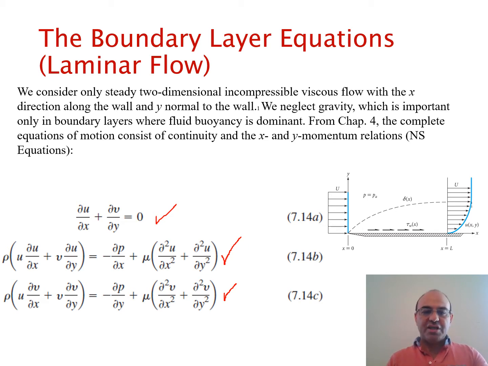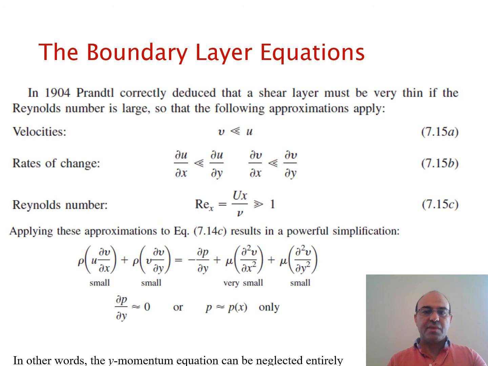So now the question is how we are going to deal with these equations. In 1904, more than 100 years ago, some very nice approximations were made by Prandtl, and then the equations that you observed in the previous slide were significantly simplified.